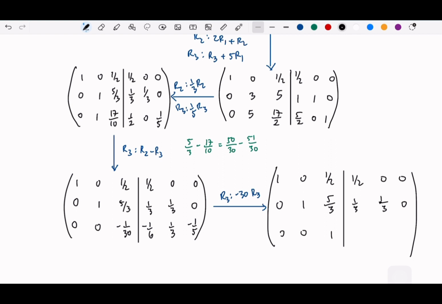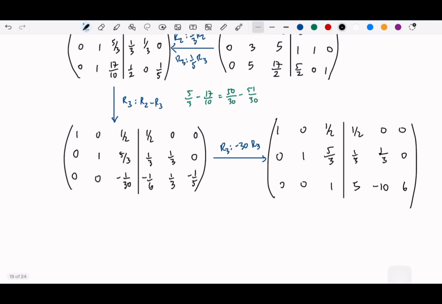So this will be 5, negative 10, and 6. Okay, so far so good. And we can remove the R1 and R2, the third column, by subtracting the third row. I think this is clear now. This one is clear. The previous one I will compute later.